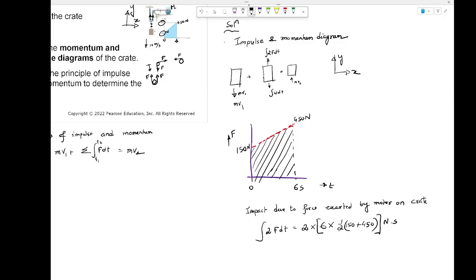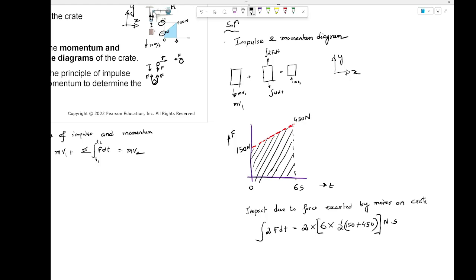All right. See, you guys remember a trapezoid area? Does it look like a trapezoid? Everybody knows a trapezoid, right? That's something you must learn in calculus, if not in geometry class. So for the trapezoid here, 150 and 450, you take half of that sum, multiplied by the x-axis value, which is in seconds, by the way, 0 to 6 seconds.